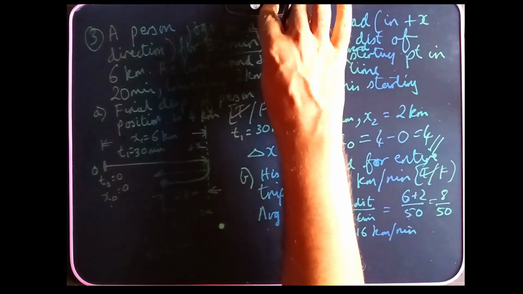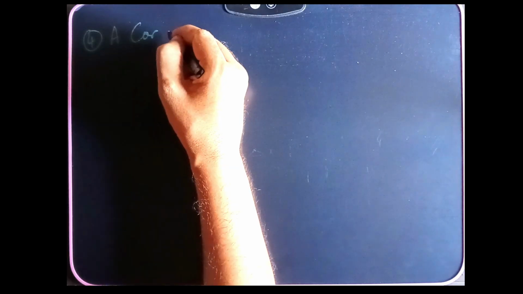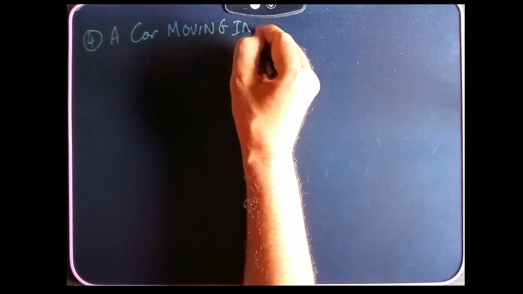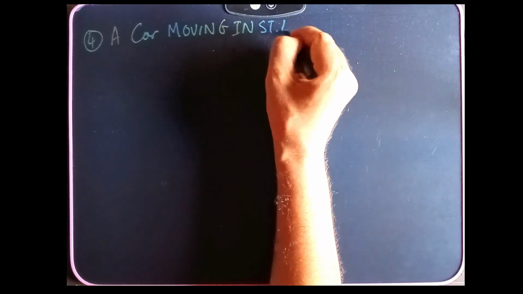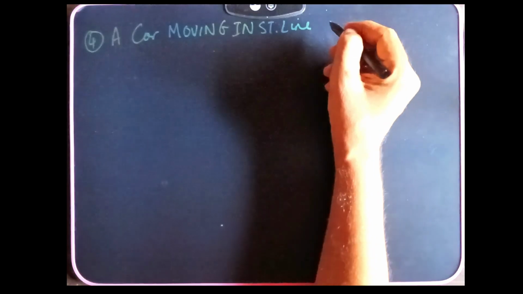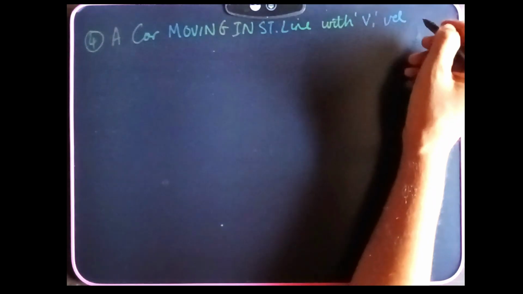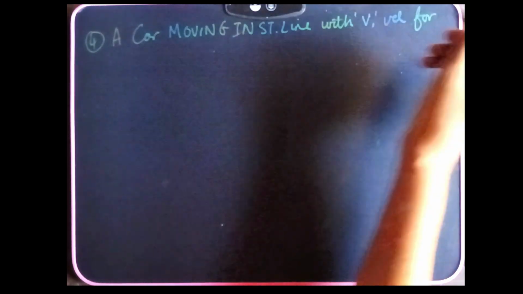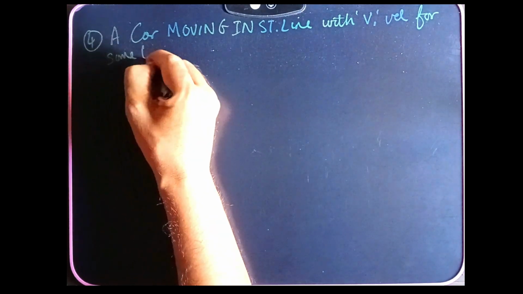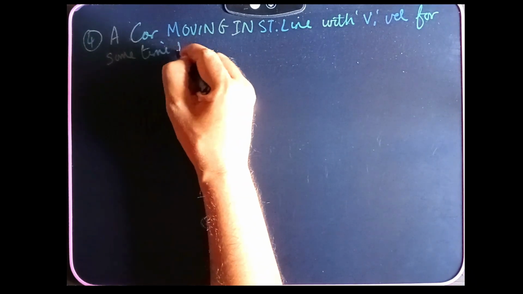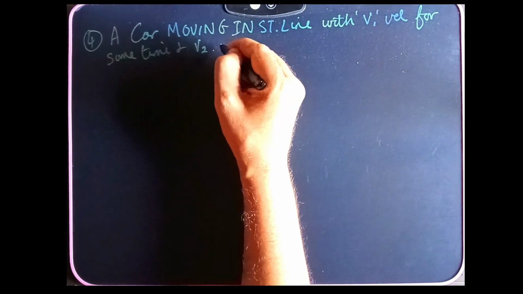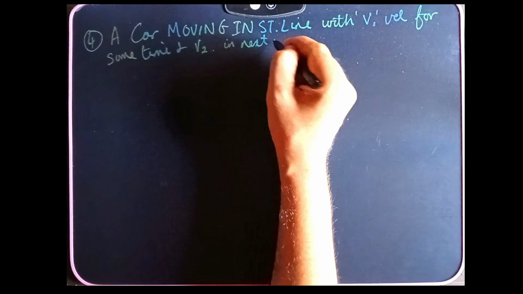I'll clear this. A car moving in a straight line with v1 velocity for some time and v2 velocity in the next equal time.